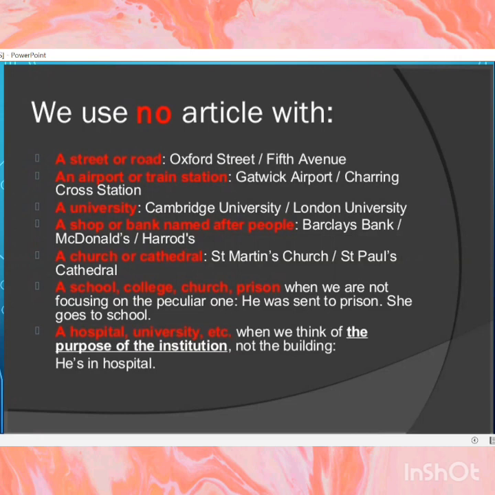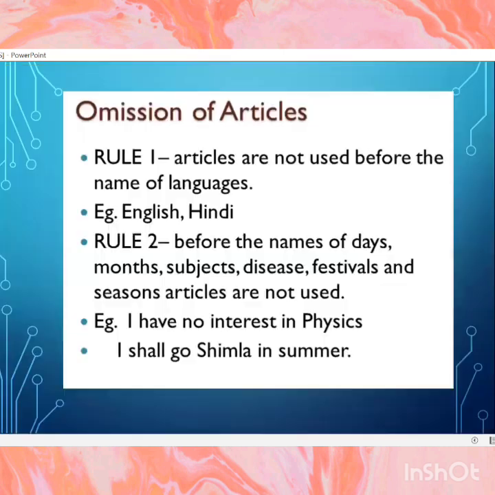Nor with a church or cathedral, St. Martin's Church, St. Paul's Cathedral. A school, college, church, prison: when we are not focusing on the particular building, he was sent to prison, she goes to school. A hospital, university, etc.: when we think of the purpose of the institution, not the building, he is in hospital. So it is very important to know where to use the article and where to omit the article.